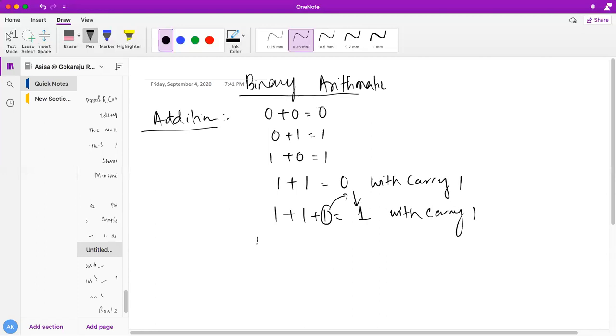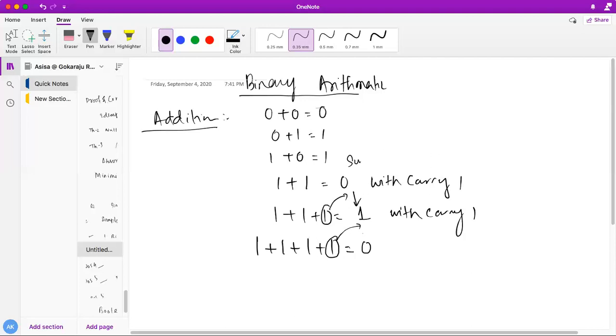But now tell me, what about 1 plus 1 plus 1 plus 1? What is the answer, students? Any doubt? Any guess on it? See here, this one is now going to add up here. 1 plus 1, obviously the answer is 0, and one carry gets generated.